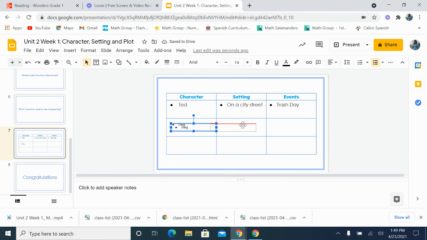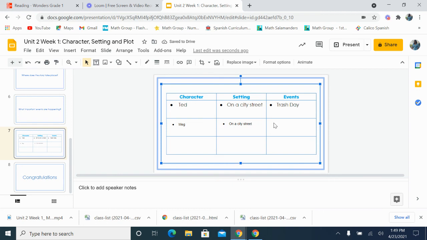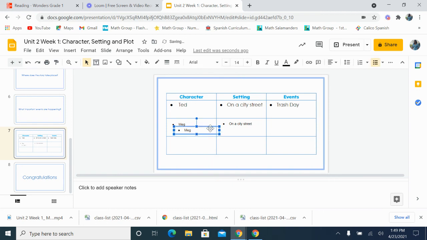Our setting is again on a city street. Another event would be that Ted and Meg lift a heavy box.